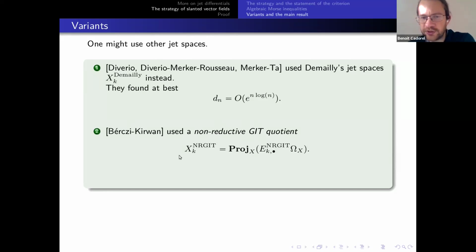So it's a non-reductive GIT quotient of your J_k X, which you can also interpret as the projectivized functor applied to some algebra, which is quite hard to describe, actually. So you have ways of describing it, but it is not explicit in that paper, for example.